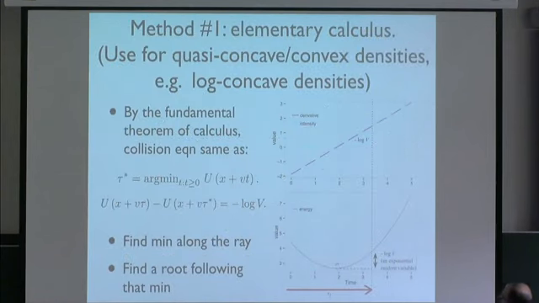So we can use the fundamental theorem of calculus and say that this integral equation is actually just solving two numerical optimization problems, but univariate. The first one is to find the minimum of my energy along the ray that I'm looking at, and I'm going to call this point tau star. This corresponds to the point where my directional derivative starts to grow.